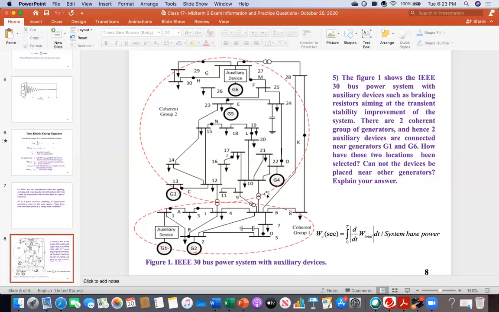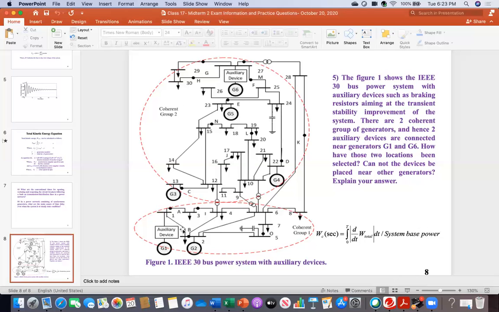So now, of course, the question is, cannot the devices be placed near other generators? You can place them here, or here, or here. So what will happen? Now you see, this stability index equation, before we discuss the WC equation, is a transient stability judgment criterion.